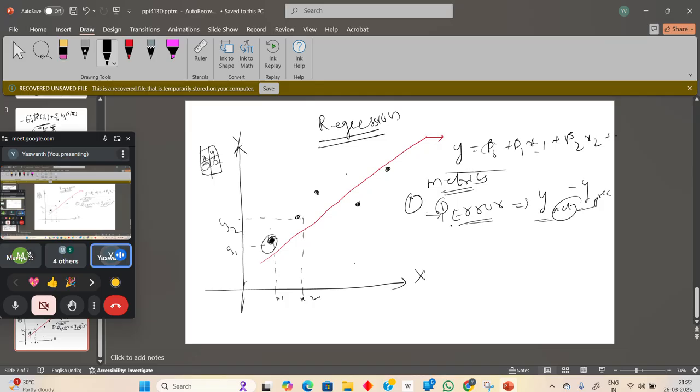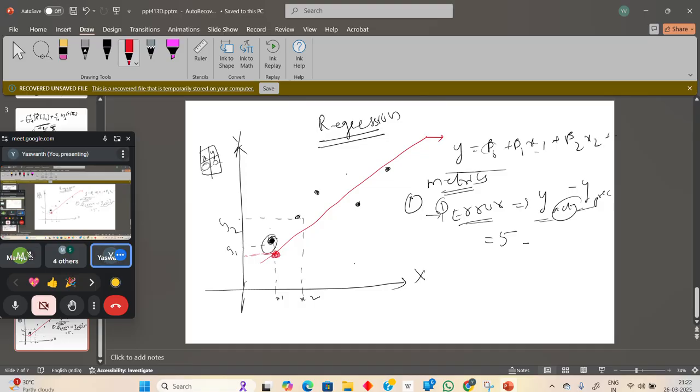But in reality, what does the error mean? Let us say for the y actual point, the value is 5. But what we predicted is the point on the line with the same x1. Remember, x1 is the same. Prediction always means the y value on the line with respect to x.